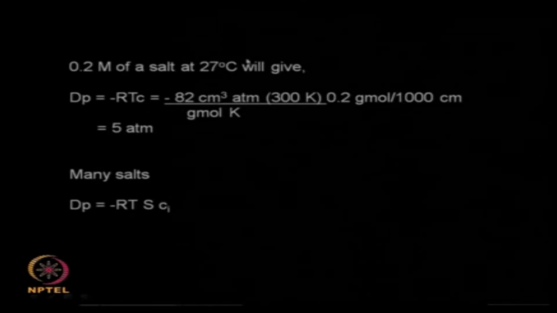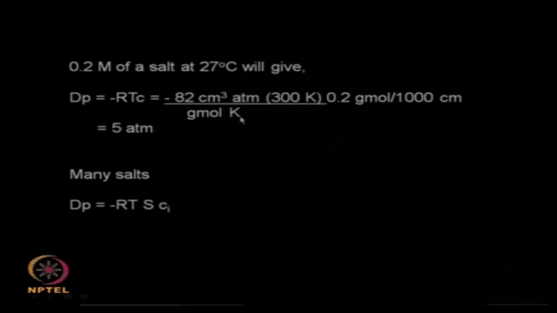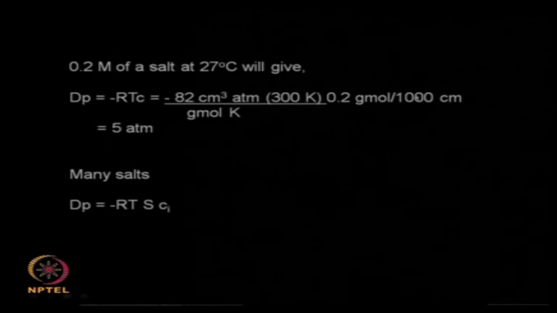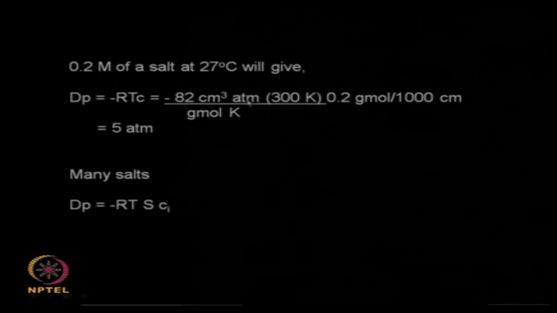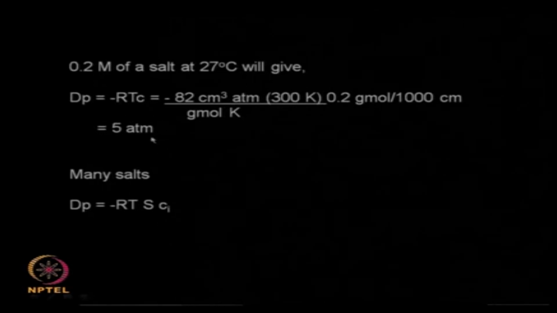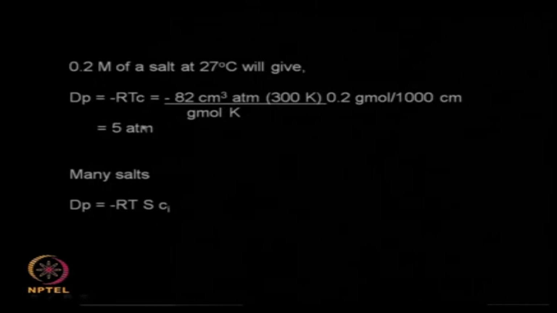T is 27 degrees, so that comes to 300 K. You have to take the correct R, which is 82 centimeter cube atmosphere per gram mole per K, and then here you have 0.2 gram mole per 1000 cc, that is 0.2 gram mole per liter. If you multiply all these you get 5 atmospheres. So you see a small concentration of salt, 0.2 moles, can generate almost 5 atmospheric osmotic pressure.